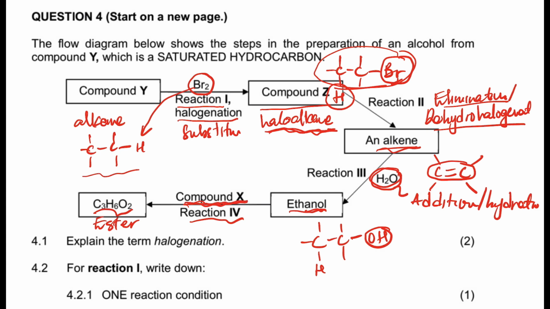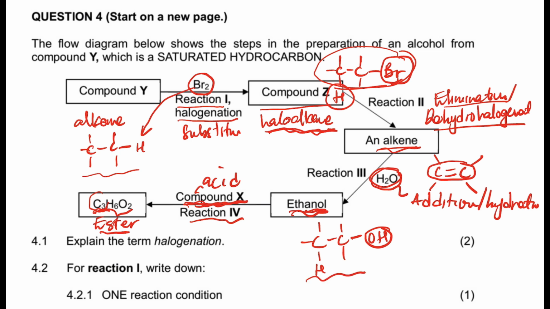Looking at this compound X with this ethanol, it gives you an ester. It should be a carboxylic acid, right? If you look at this ester, it has 3 carbons, but the ethanol has 2 carbons.